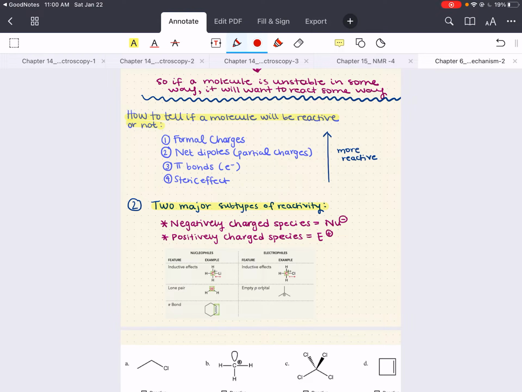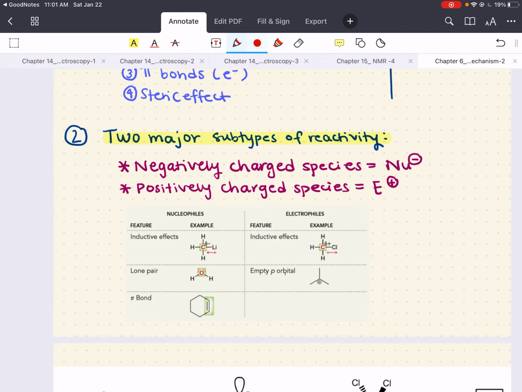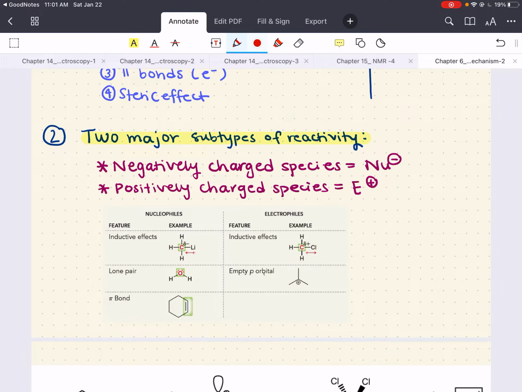An electrophile, on the other hand, is an electron-deficient atom or center that is capable of accepting a pair of electrons. In other words, a nucleophile acts like a Lewis base, and an electrophile acts like a Lewis acid. And again, this table right here shows the features of an electrophile: inductive effects, having empty p orbitals, or positive charges.